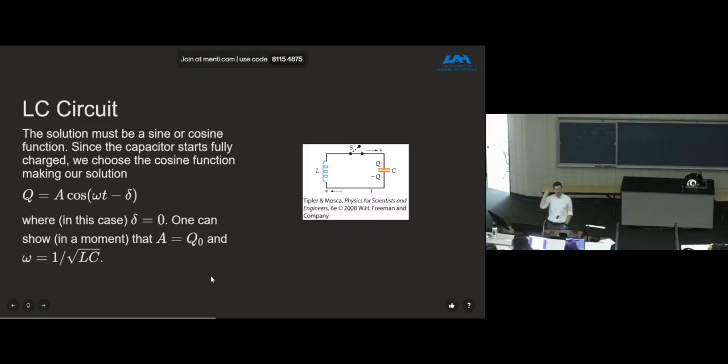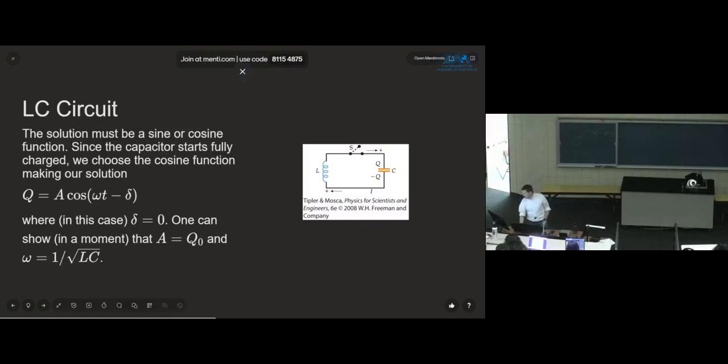So we've got two derivatives, we have two undetermined constants. For us, that's going to be the amplitude and it's going to be the phase. But if the capacitor starts fully charged, cosine is maximized when delta is zero, when there is zero phase shift, right?